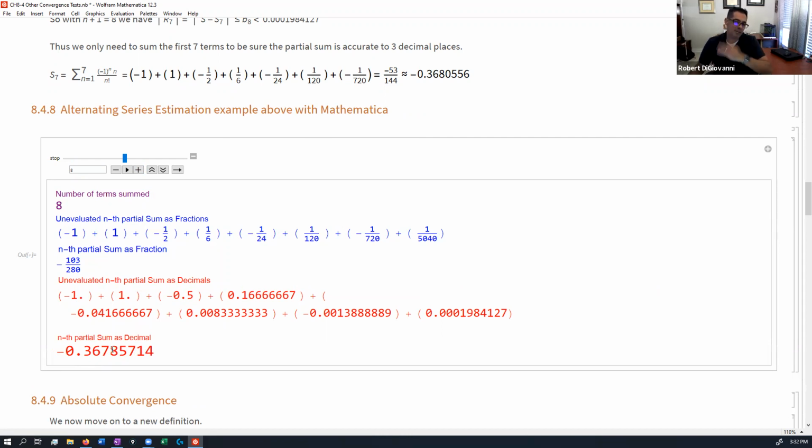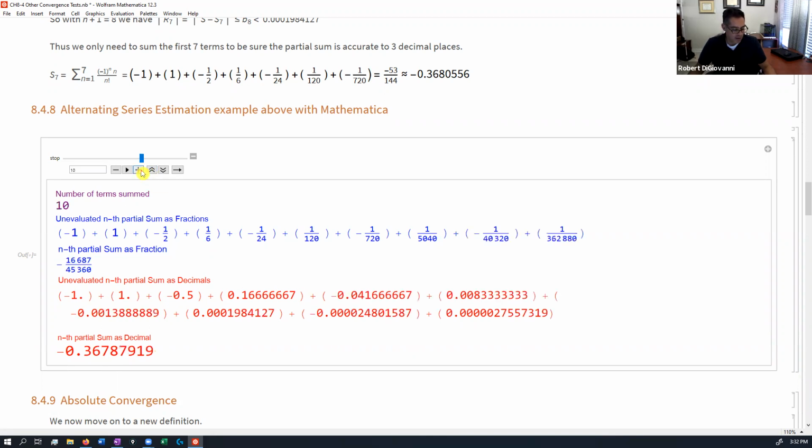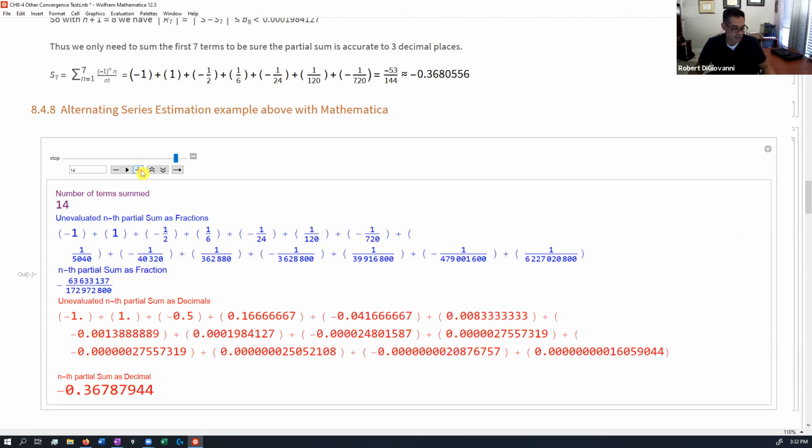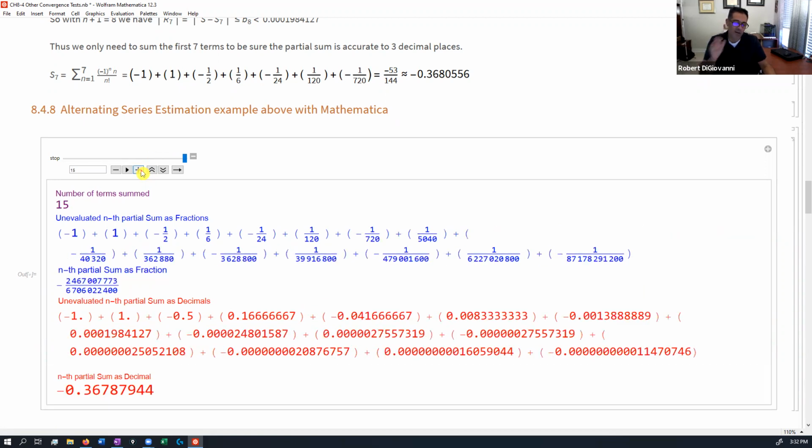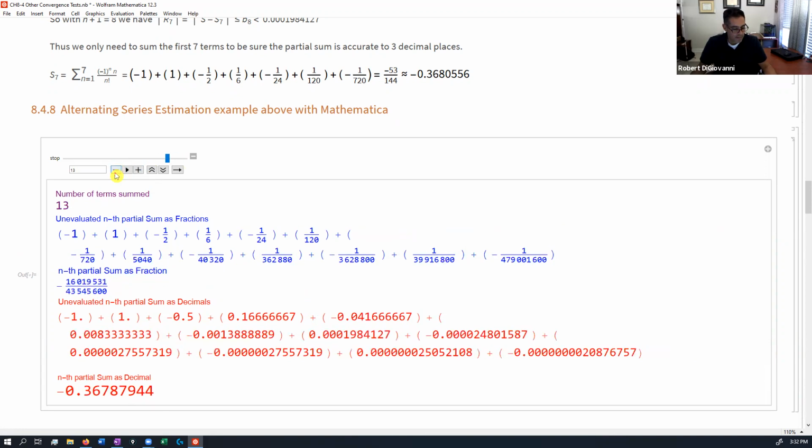It's negative because some of these terms are positive, some are negative, but here's the whole point. This 0.367, no matter if I keep adding more, these first three terms aren't going to change. The others might, but the first three are locked in. So if I wanted to be accurate within the first three decimals, I only needed to do the first 8 terms. Let me back it up.